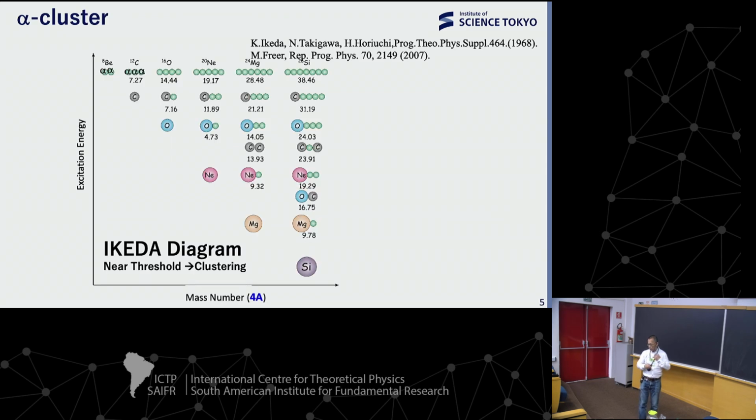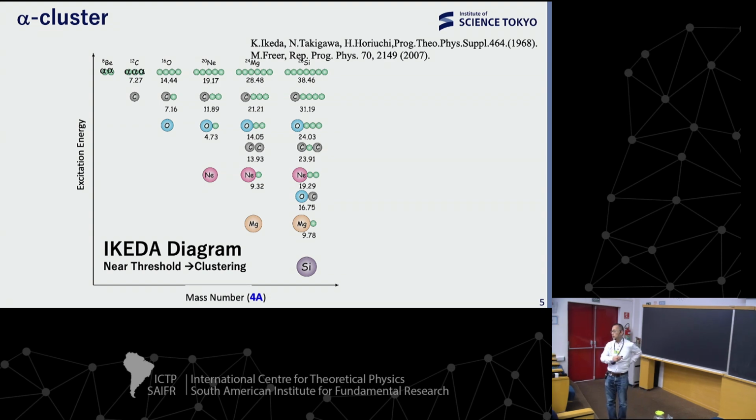Okay, so alpha clusters. Alpha clusters can be well understood by this Ikeda diagram, which was proposed many years ago. So this is excitation energy as a function of mass number, multiples of 4. So you see beryllium-8 is here, carbon-12 is here. This is the ground state of carbon-12.